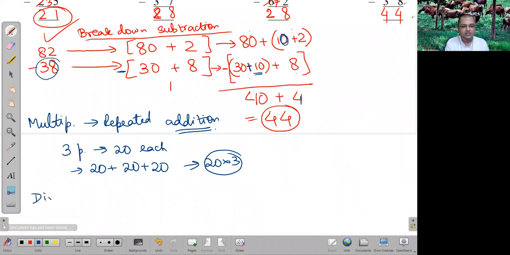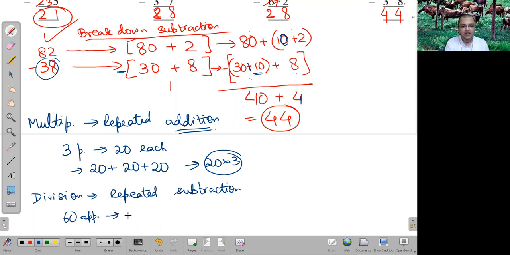Now what is division? Division is nothing but repeated subtraction. If I have 60 apples and I am dividing them among 3 people, it's not so easy to explain division as repeated subtraction the way we explain multiplication, but that is what happens.